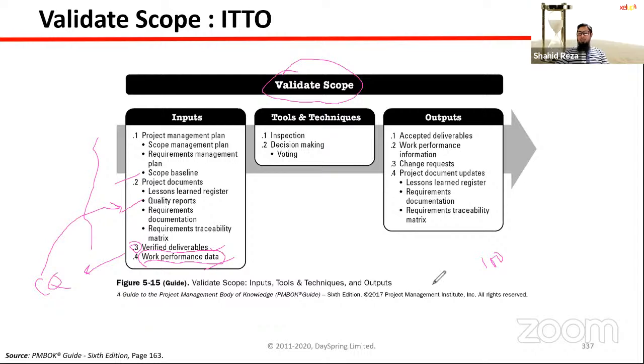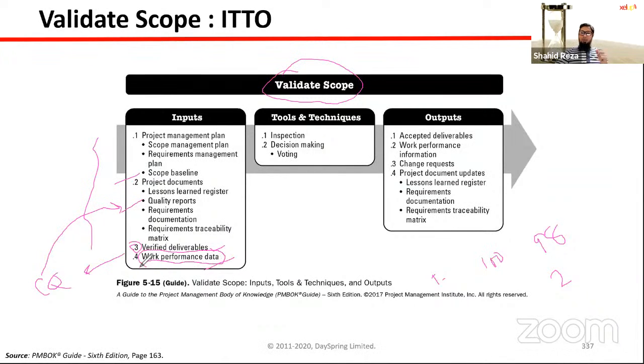Within those 100 t-shirts, maybe 98 passed, all okay, but 2 failed. This is work performance data. That data helps you measure how your quality is working and how your team is working. So that is known as work performance data.